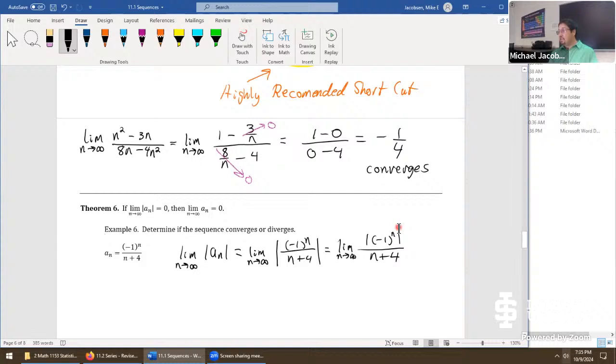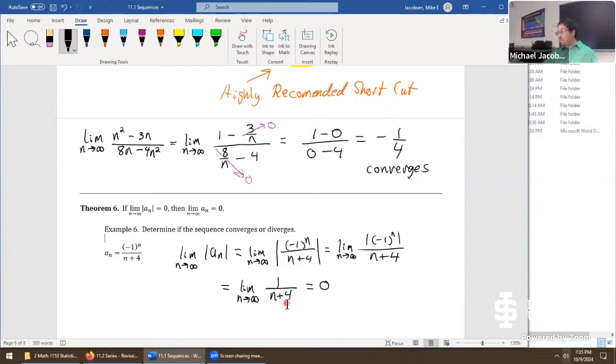The denominator is always positive. And now whether that's alternating or not, if we throw absolute values on it, it's just a 1 now. So now we've got the limit as n goes to infinity of 1 over n plus 4. And you know what? That is a rational function. It has a horizontal asymptote, and the horizontal asymptote to that rational function is absolutely 0.